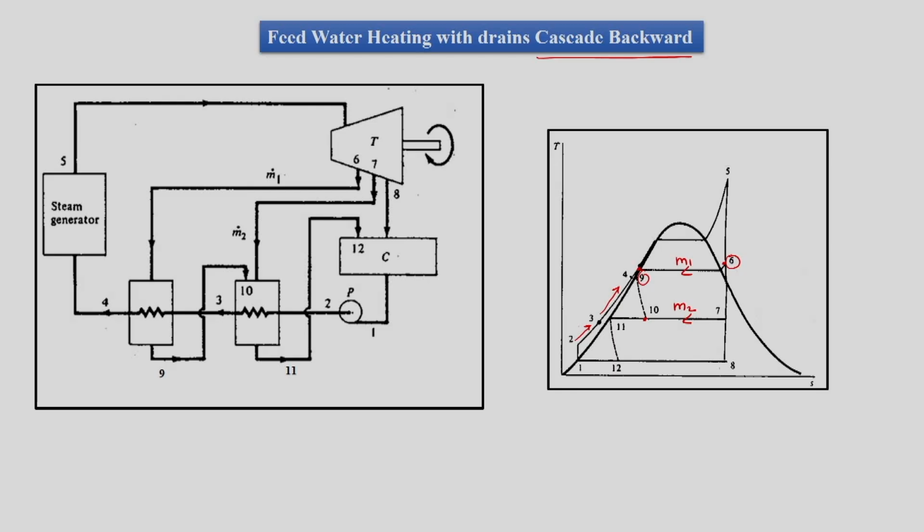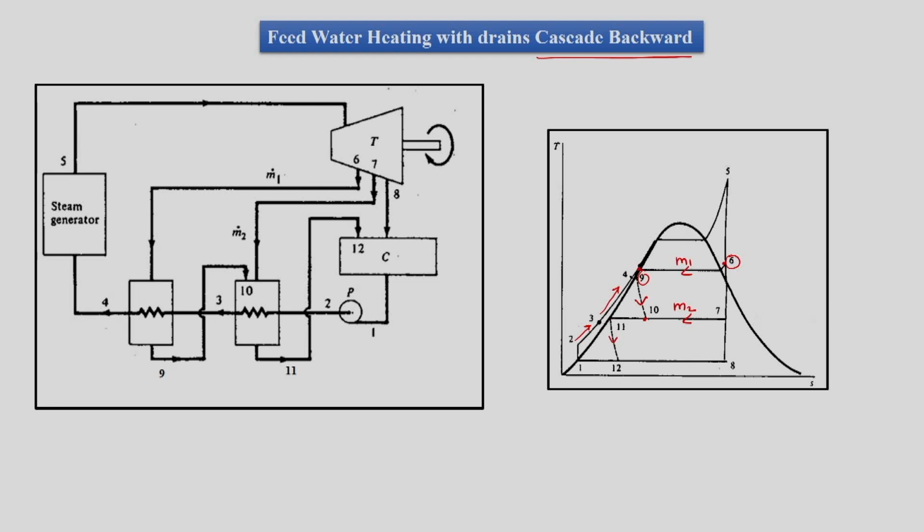So, this kind of arrangement, where steam after transferring its energy to the water is sent back to the low pressure side or low pressure feed water heater, is called drain cascade backward.